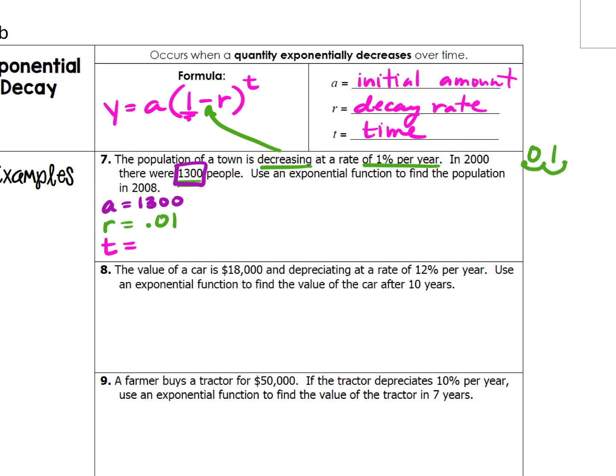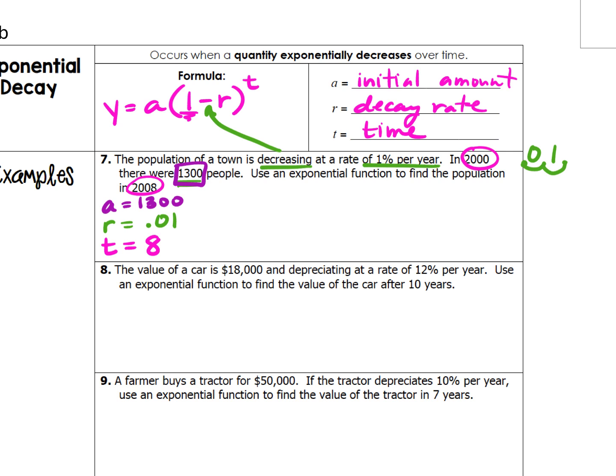What is T? It's not 2000. It's not 2008. What is the amount of time that we're trying to calculate? It's 8, right? So it started in 2000 and now it's 2008. So your time is going to be 8 years.